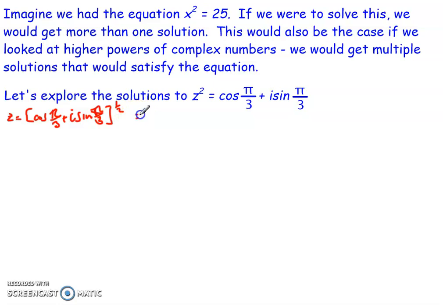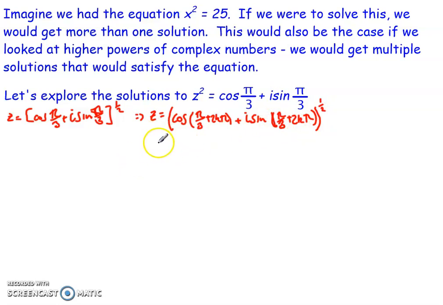So what I have to do is generalize it and say that I get my solutions, z, by doing cos of pi over 3 plus 2k pi, then plus i sine of pi over 3 plus 2k pi. And what that does is extend my range to cover all of my solutions, so that when I have my power of a half, which I'm going to take in using De Moivre's theorem, I then bring it back into the range I want and get the correct solutions.